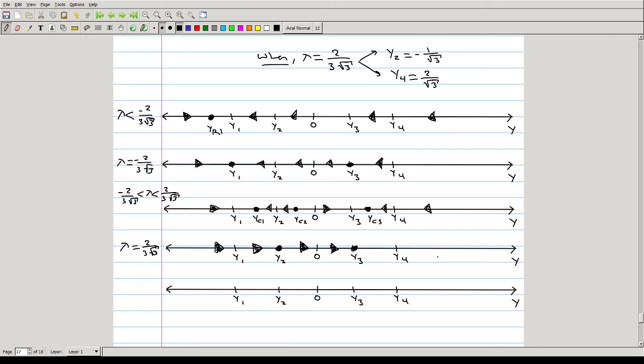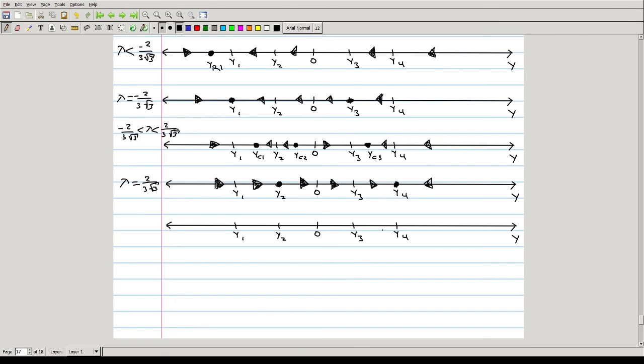And for initial conditions greater than y4, the solution is decreasing. Oh, no, not y3 here. Sorry, y4. I highlighted the wrong value. So y2 is an unstable critical point, or equilibrium point, and y4 becomes an asymptotically stable equilibrium point.